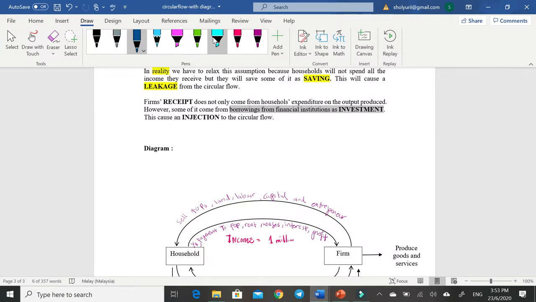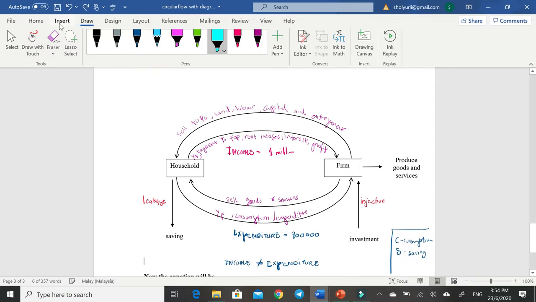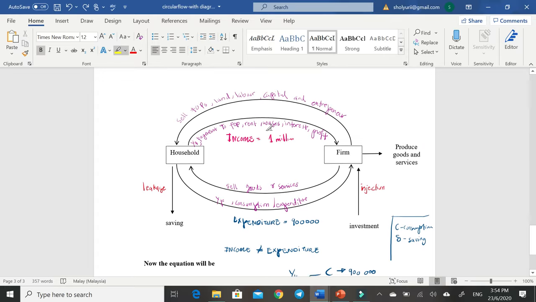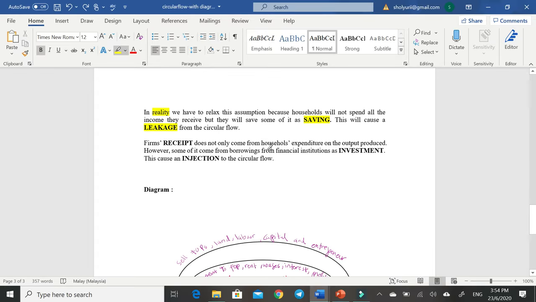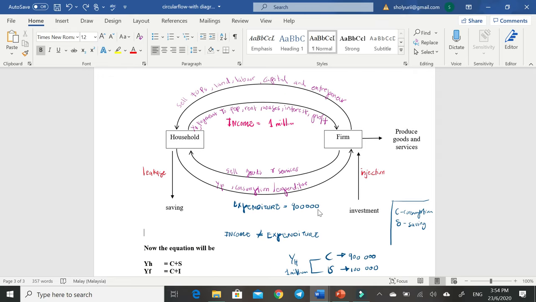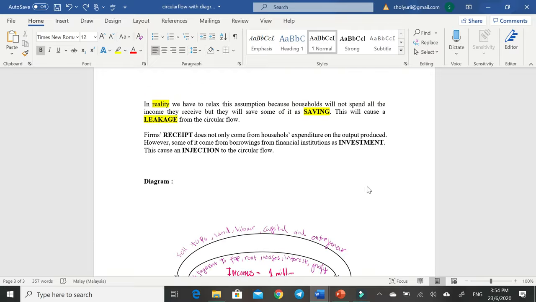Mana kata firm buat apa? Pelaburan. Okay, can become from the borrowing of financial institution known as investment.